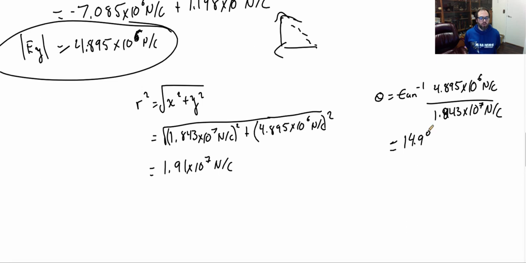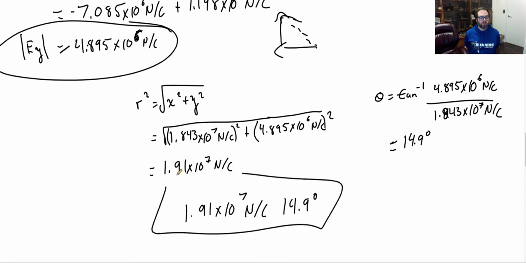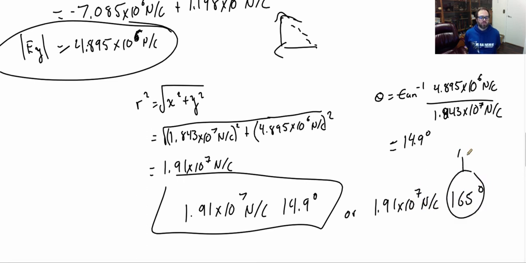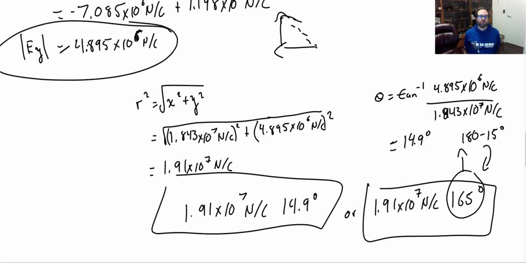So overall, I end up getting 1.91 times 10 to the 7 newtons per coulomb at an angle of 14.9 off of x, or a total of 165 degrees of rotation, which is 180 minus 15 to get 165 degrees.